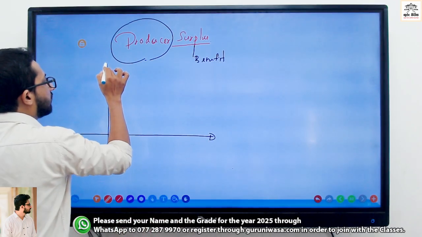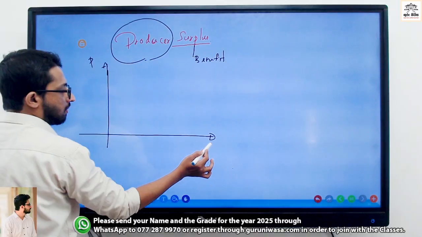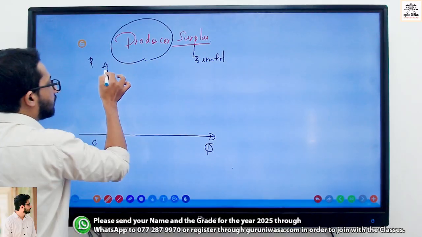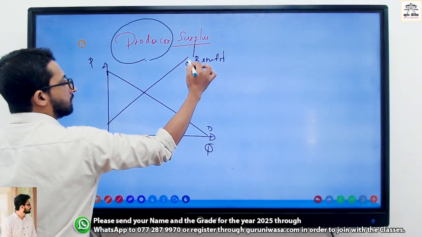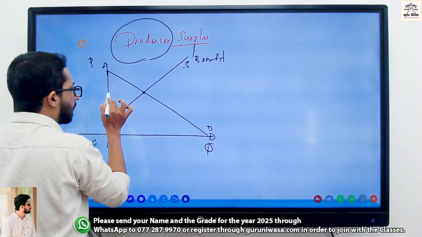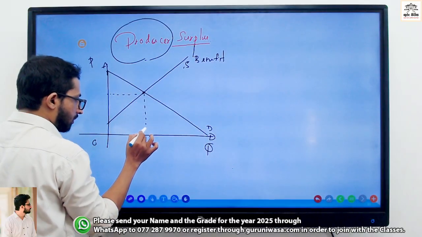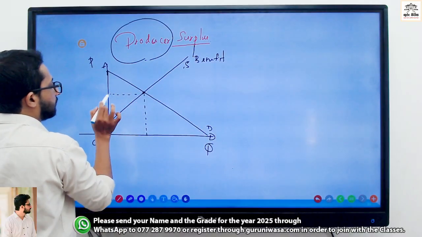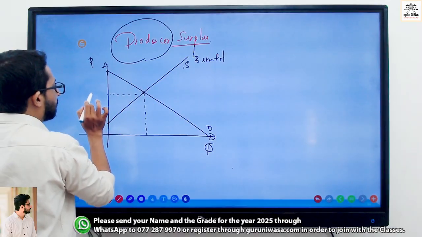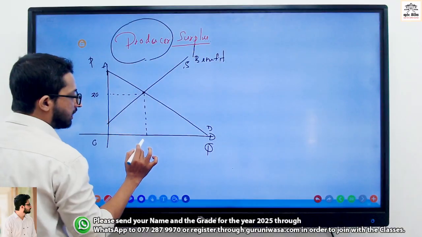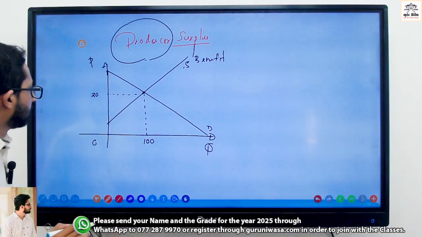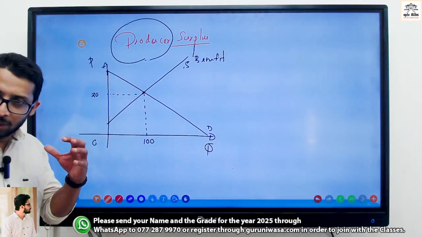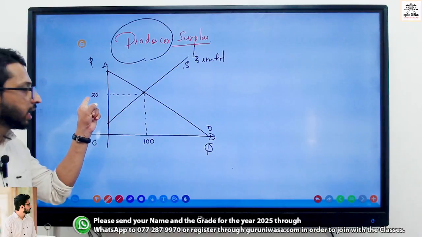Look at the board. This is the price axis, the quantity axis, and the origin 0, with the demand curve and supply curve. What is this price? The equilibrium price. Assume the equilibrium price is 20 rupees and the quantity is 100 units. It means this product is being sold at 20 rupees.